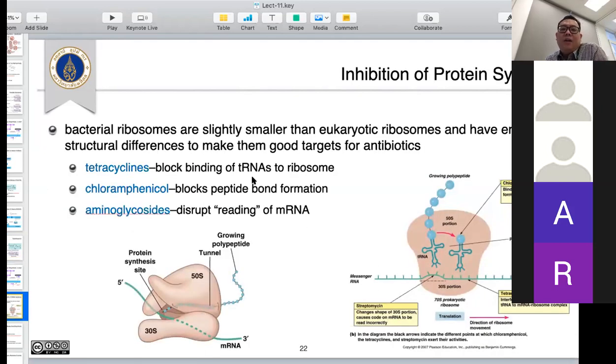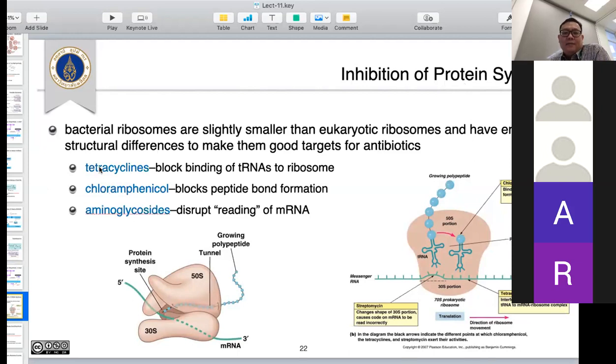Another class of antibiotic inhibits protein synthesis, because they point at the large subunit, okay?